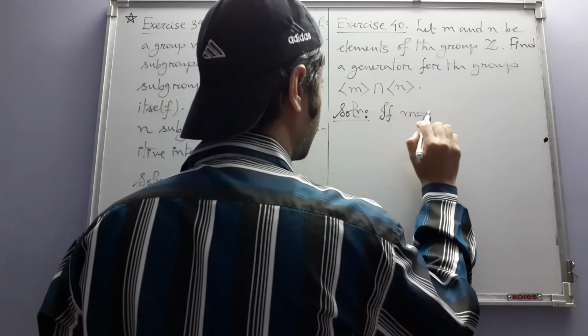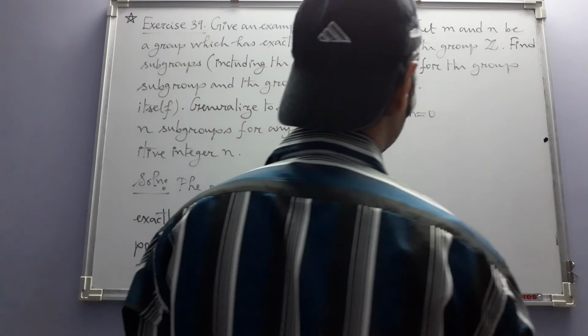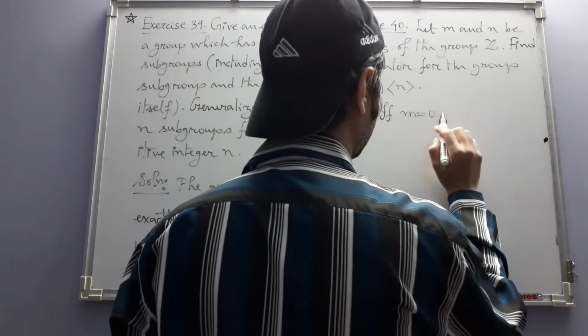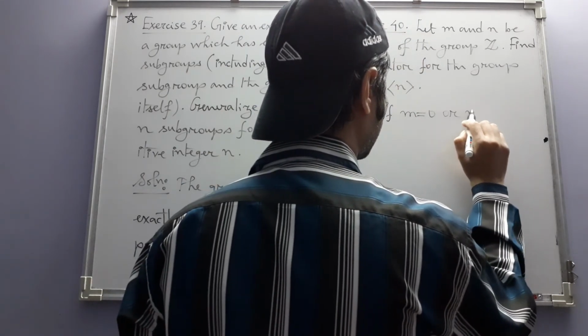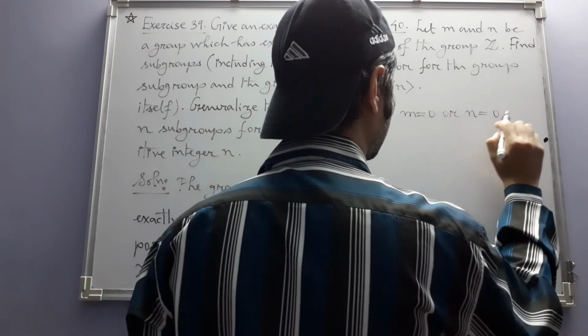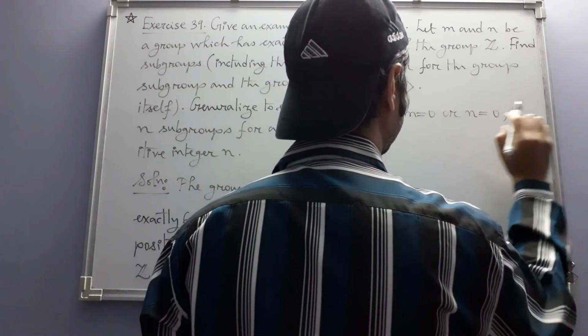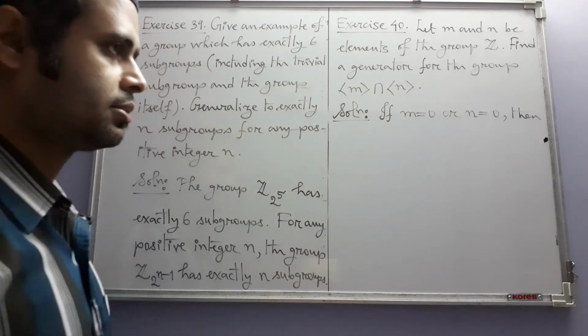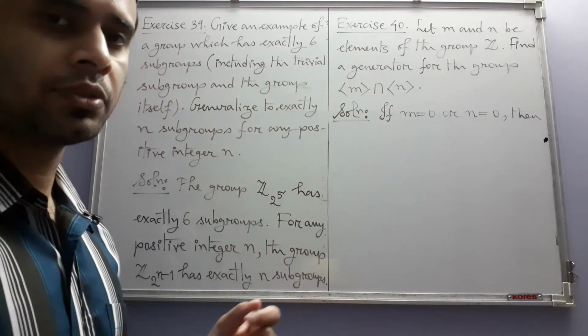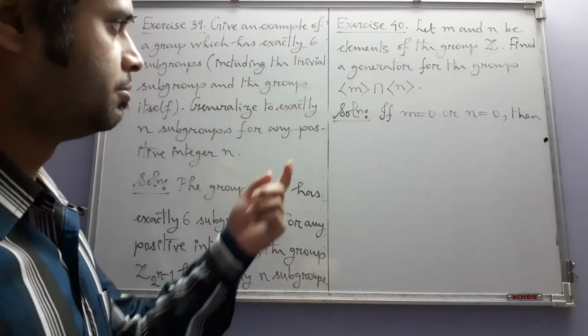If at least one of these integers is 0, that is, if m is equal to 0 or n is equal to 0, then at least one of these cyclic subgroups will be the trivial group.